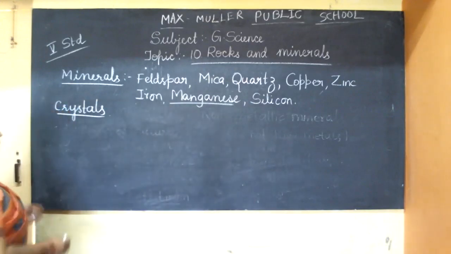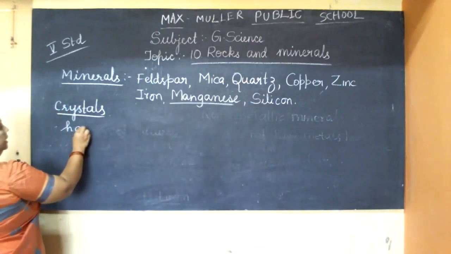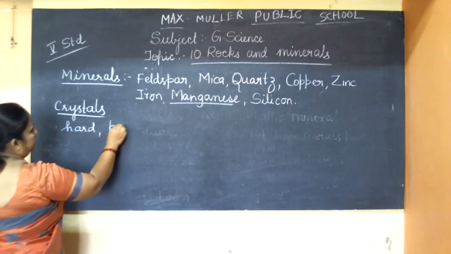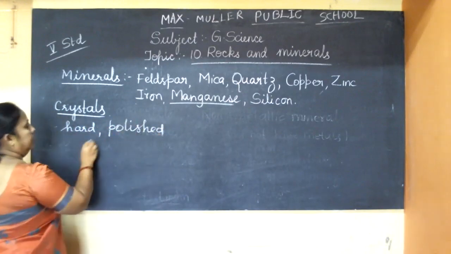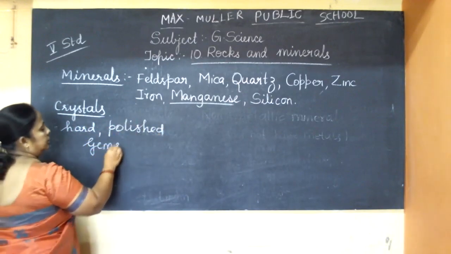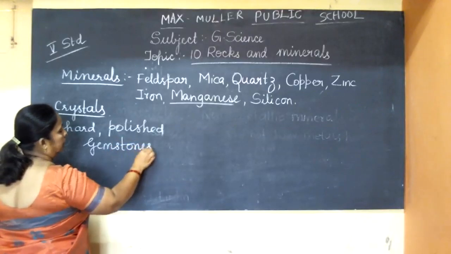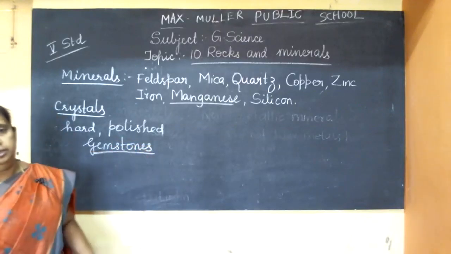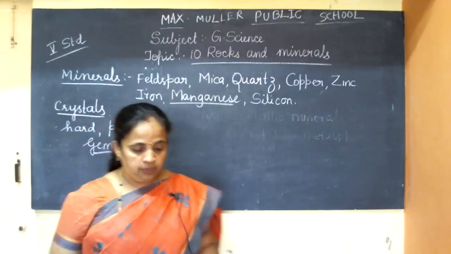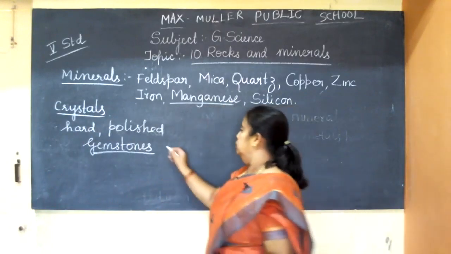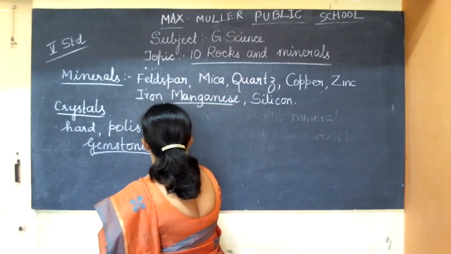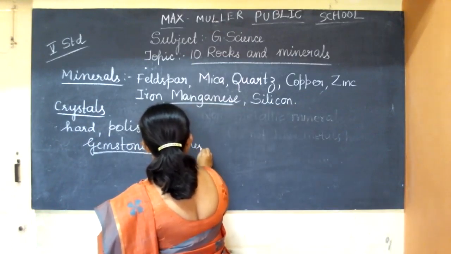Those minerals are very hard and they can be polished. They can be polished and they can be used as gemstones. Okay, and these gemstones are usually used in making jewelry.